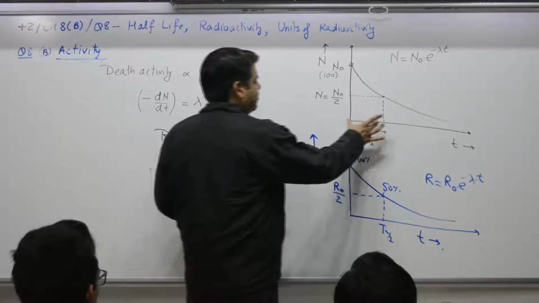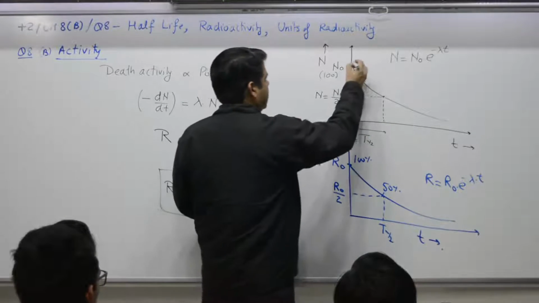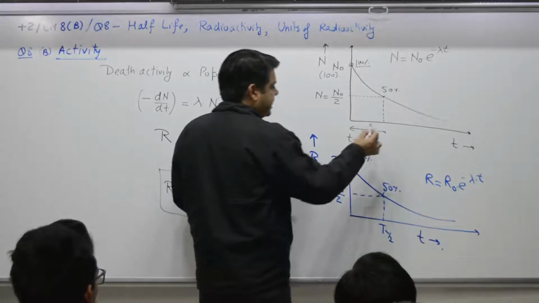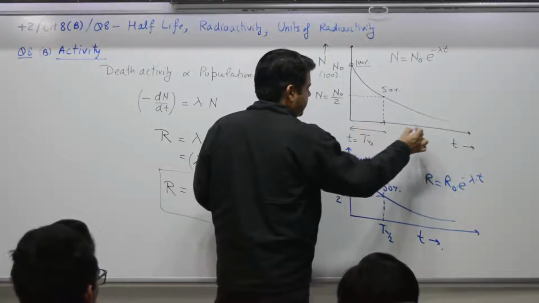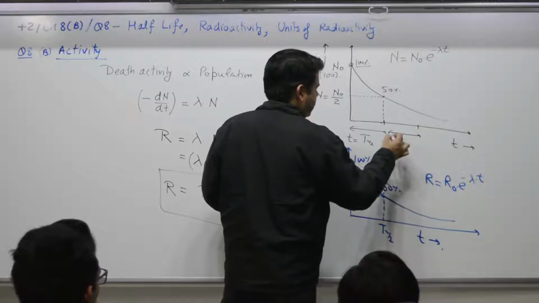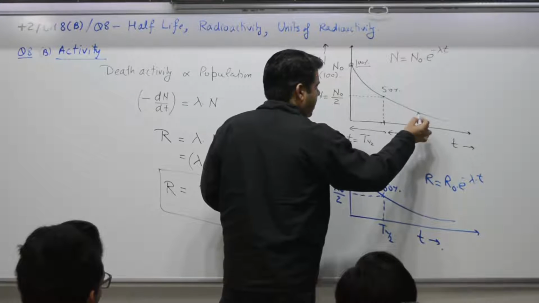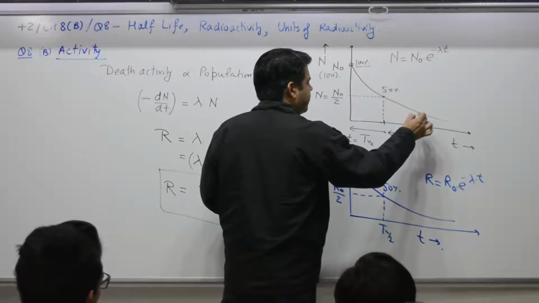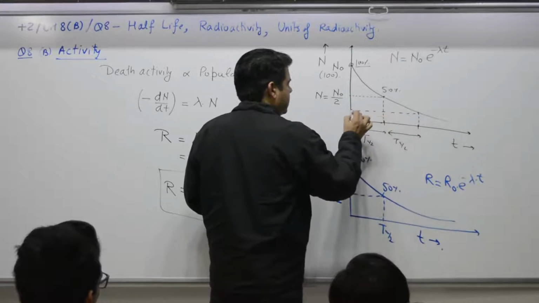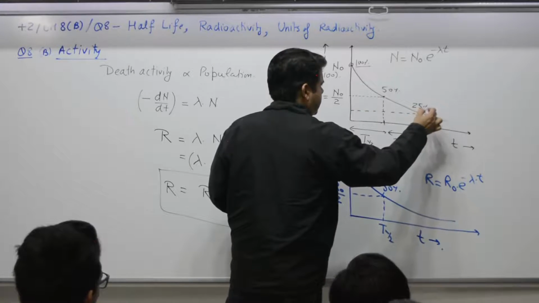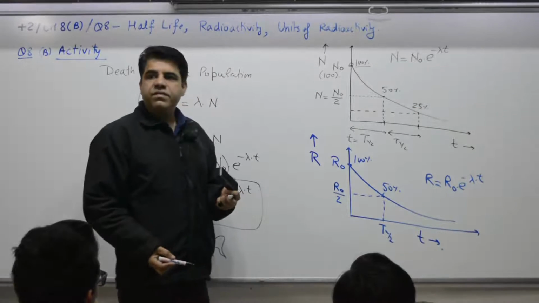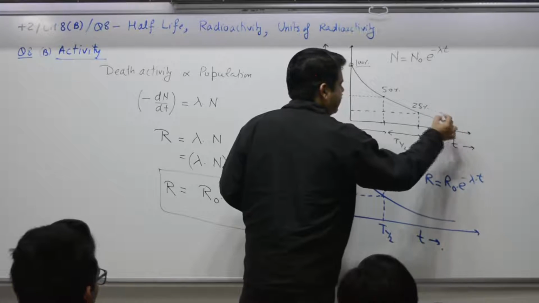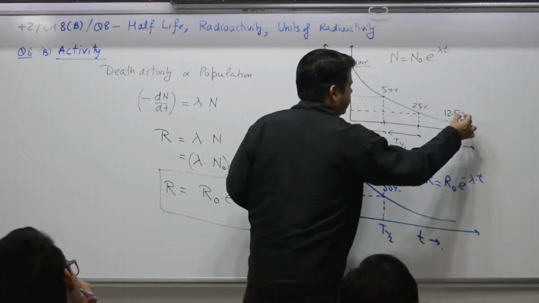In one half-life, 100% reduces to 50%. In the next one half-life, this is one half-life, this is another half-life, it will be half of this value. Half of 50 is what? 25. In the next half-life, this number will reduce to half of this value, 12.5%.